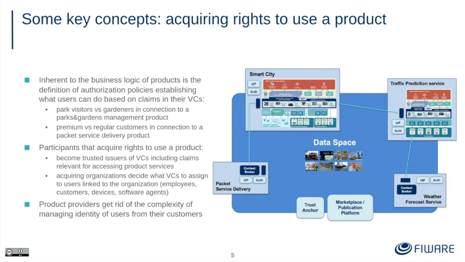Once the participant has acquired rights to use the product, we're using a concept where the participant, in this case the consumer organization, becomes the trusted issuer of these verifiable credentials. So in general, as mentioned, the consumer can issue the credentials independently to its users and services.